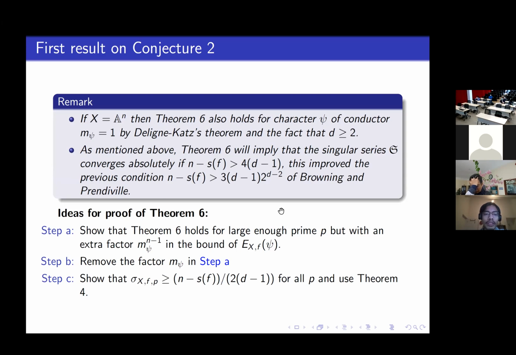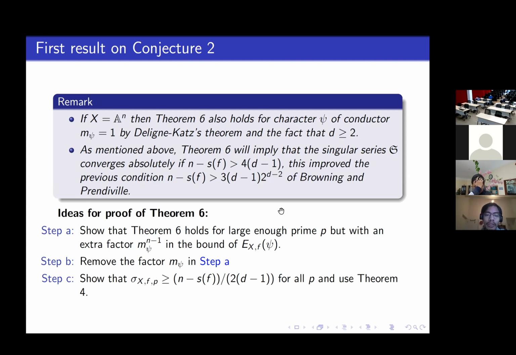And the second remark is that because of Theorem 6, the singular series S converges absolutely if n minus n_F is at least 4 times (d minus 1). And this improves the previous condition of Browning and Prendiville on the absolute convergence of S.